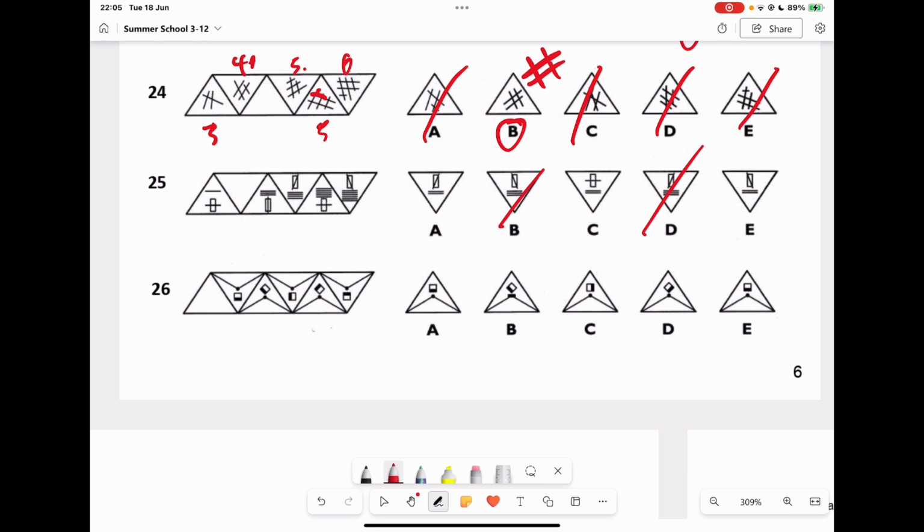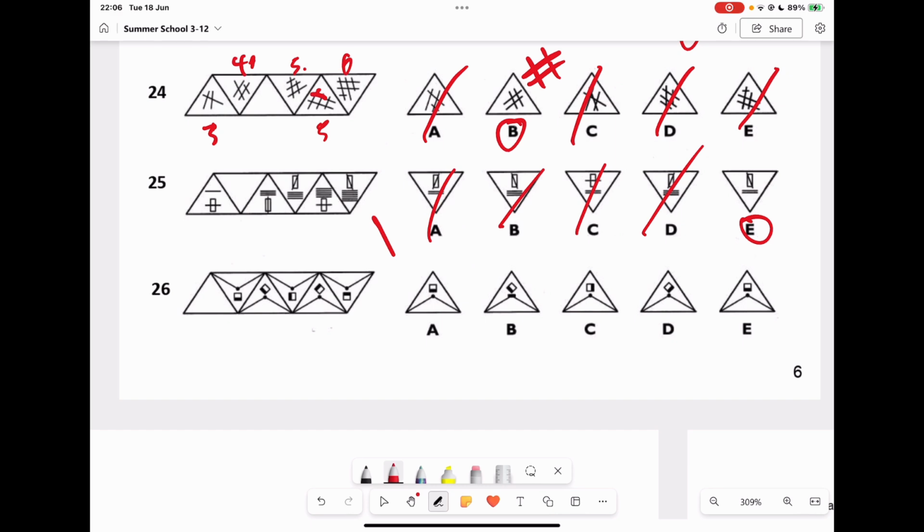So the line is rotating by 45 degrees each time. So 45 degrees clockwise, that is. So knowing that, we know that the line will be facing this way. And because of that, we can now rule out A and C and say our answer is E.